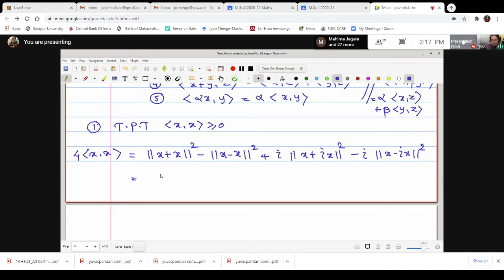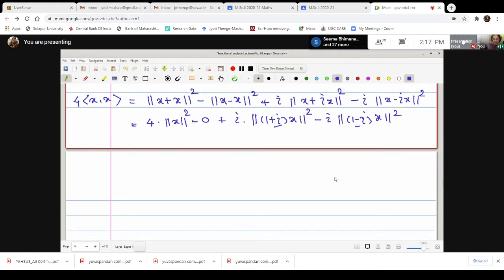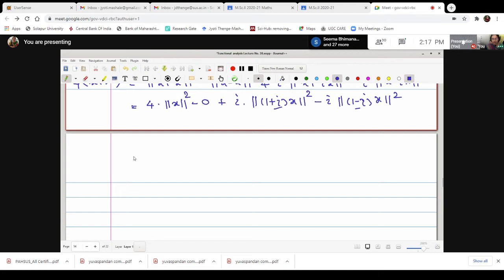Therefore this is norm square of 2x; taking 2 out of the norm, it becomes 4, so this is 4 times norm square of x. This is 0, and this is plus i. Now we take x common and write norm square of (1 plus i)x. The same thing we repeat for the second norm: (1 minus i)x. Now these are scalars, rather complex scalars, therefore the complex scalars must be taken out with the modulus.